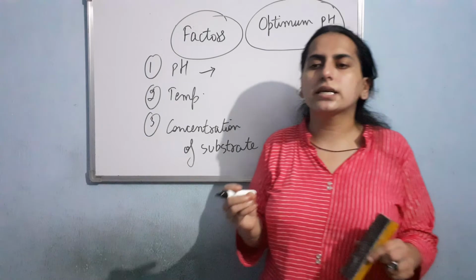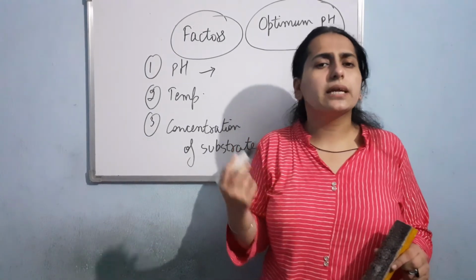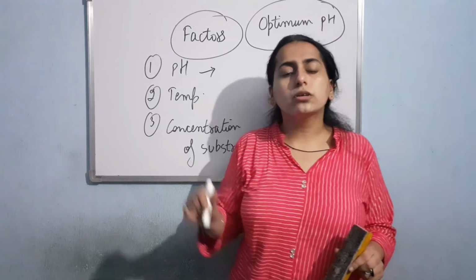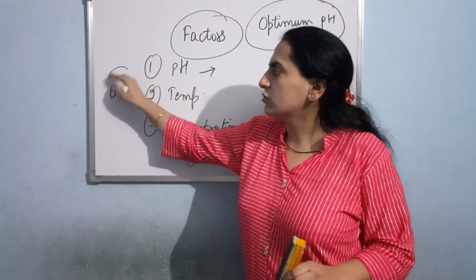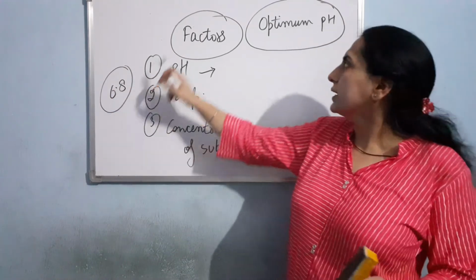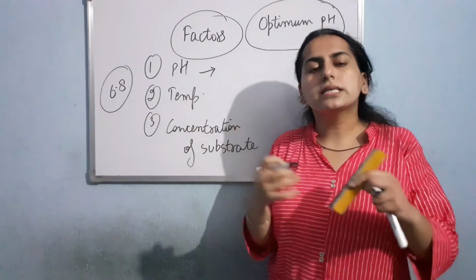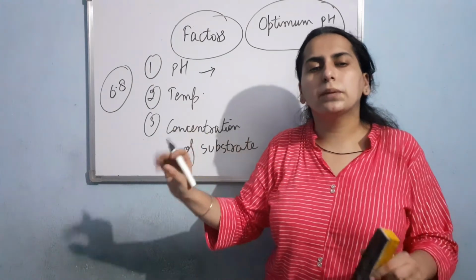Like if I give you the example of salivary amylase. Salivary amylase enzyme is present in your saliva. Saliva is in your buccal cavity, you know. So this enzyme works best at 6.8 pH. So 6.8 pH is the optimum pH for salivary amylase enzyme. So enzymes are specific at specific pH.